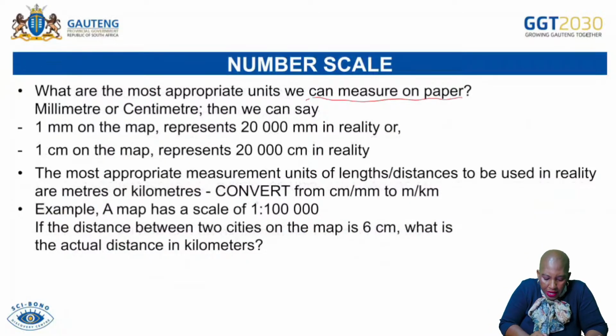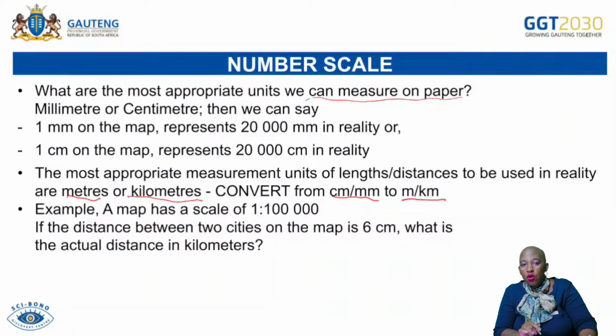And then the appropriate measurement units of length or distance to be used in reality are meters or kilometers. I've already mentioned this. And then we have to convert from centimeters or millimeters to meters or kilometers.